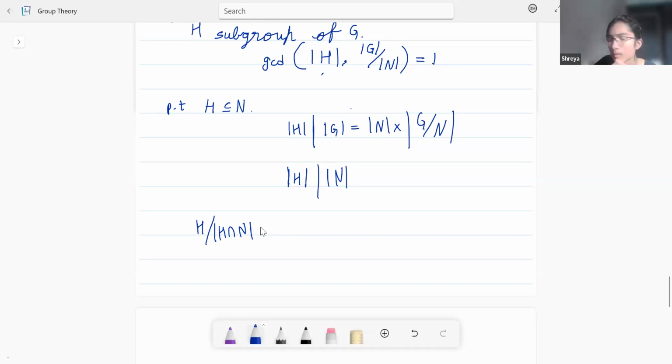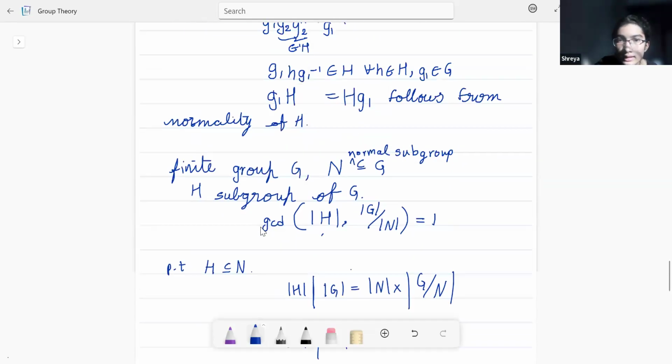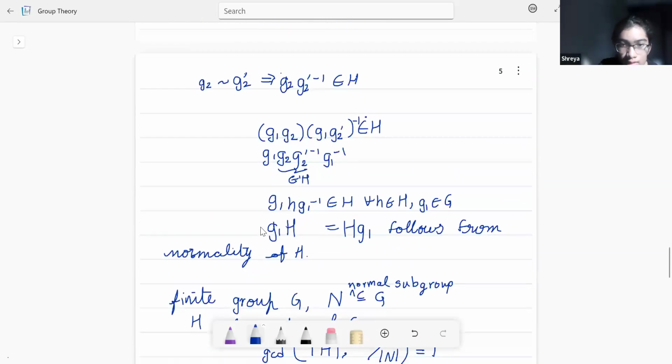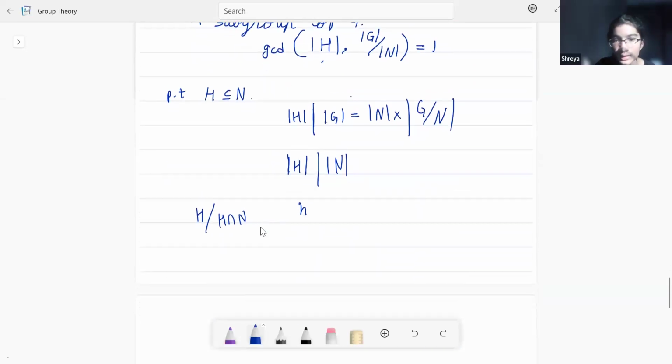What do you mean? Like N is normal. So if you want to mod out by this, okay, wait, why did I put the cardinality? Yeah, if you want to mod out by this, then you need to prove that it's normal. So basically you need to show, looking at this thing, that this is exactly equivalent to the normal condition. So that's what we'll prove.